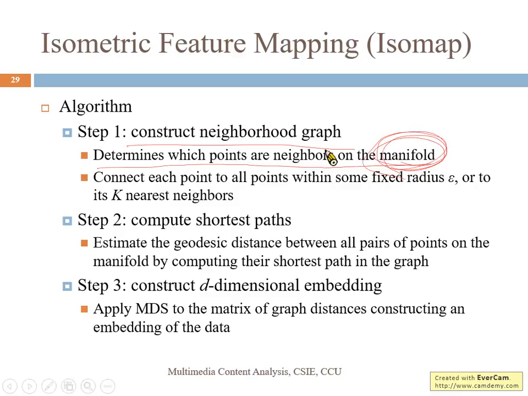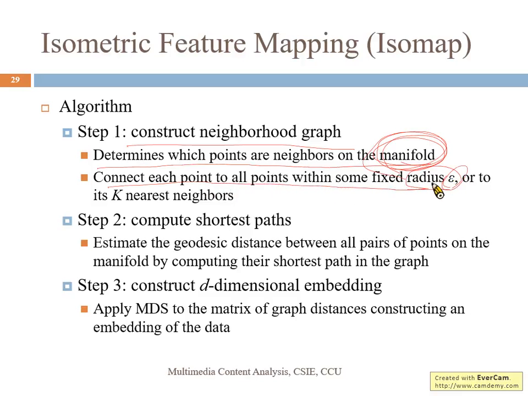So first we will define what the neighborhood is. Usually we just define that if the distance is less than some predefined threshold, then we say that these two data points are neighboring. And then we will connect each point to all points within some fixed radius epsilon.